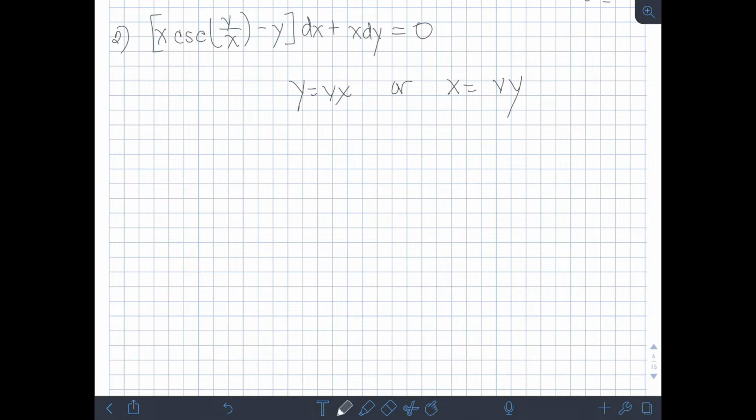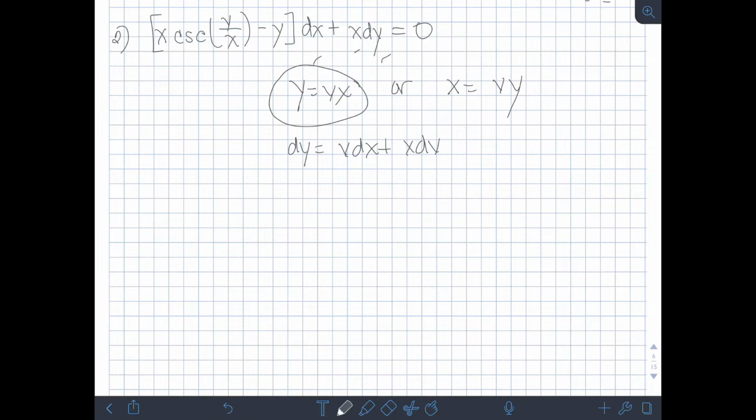So again, apply nyo ulit yung sinabi ko, kung anong differential, dx or dy ba yung may nakamultiply sa kanya na mas simpleng function. Ano ba yon? Itong dy lang kasi diba x lang yung nakamultiply sa kanya. So therefore, dahil dy yung differential na may mas simpleng function na nakamultiply sa kanya, yung y equals vx yung representation natin. Okay? So therefore, we have dy equals v dx plus x dv, differentiating both sides.